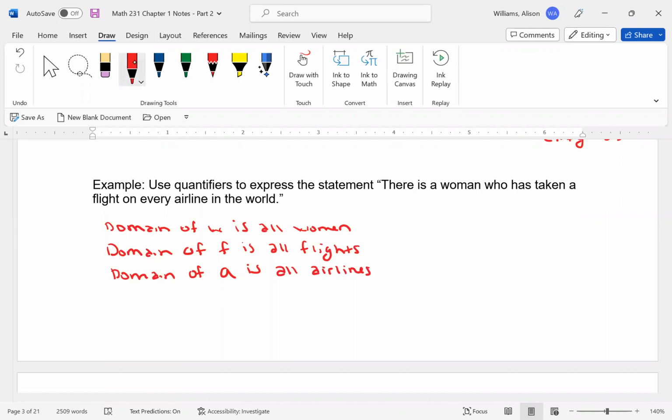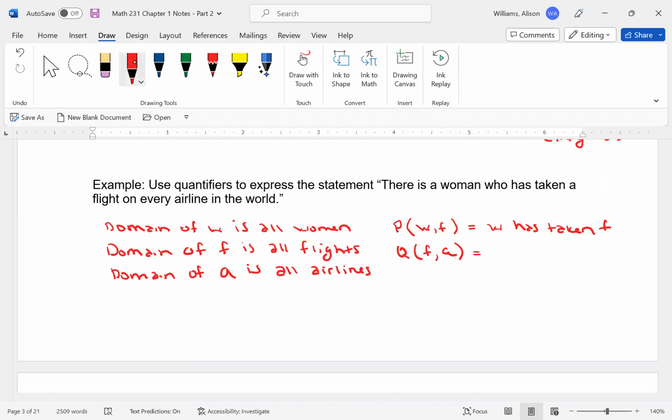So we have three different variables that we're working with. All right, so let's define our propositions here. Let P of W, F represent that W has taken that flight F. Whatever woman we're talking about, we're saying that that woman has taken that flight. And then let's create another proposition, but this time relating the flights to the airlines.